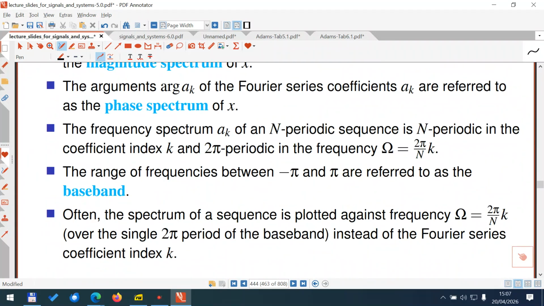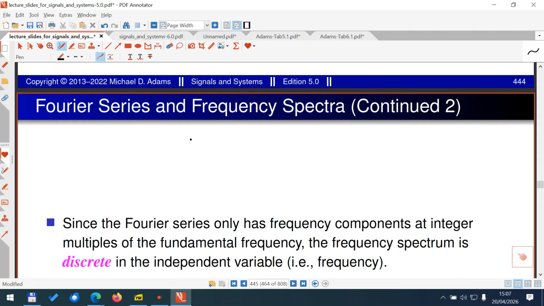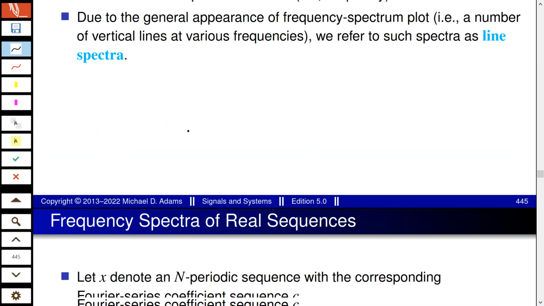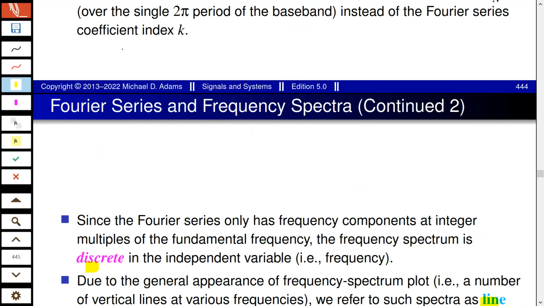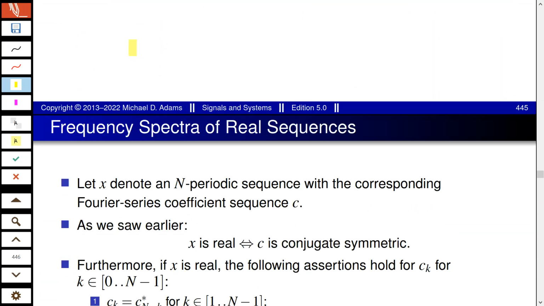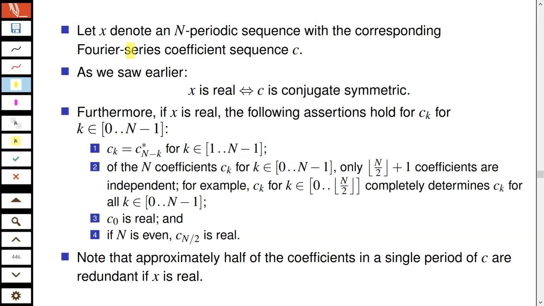Yeah, Fourier series, Fourier spectrum. Now I'm skipping most of these things because you can remember many of these, yeah, line spectra and spectrum. So I don't see any difference here.